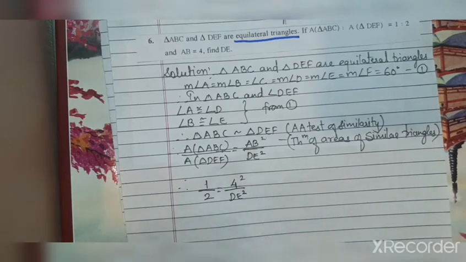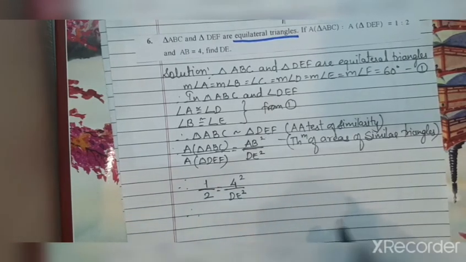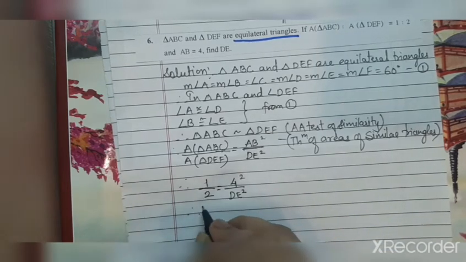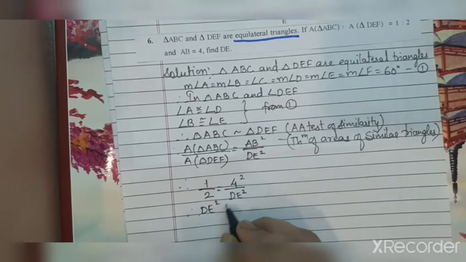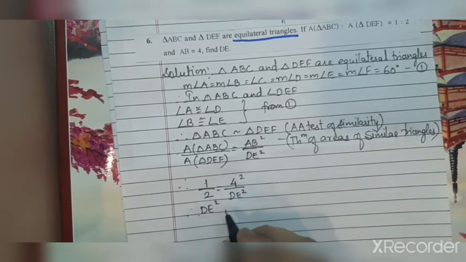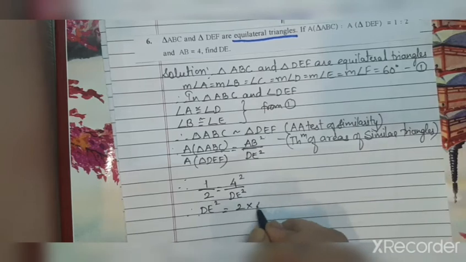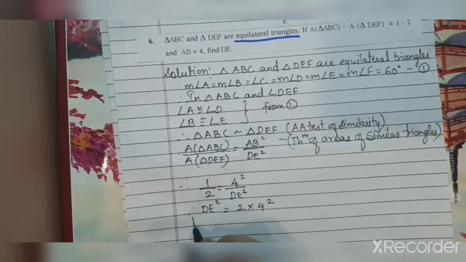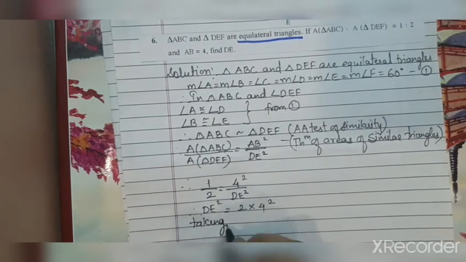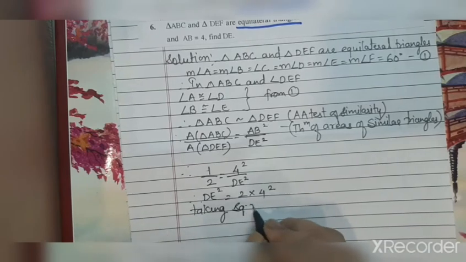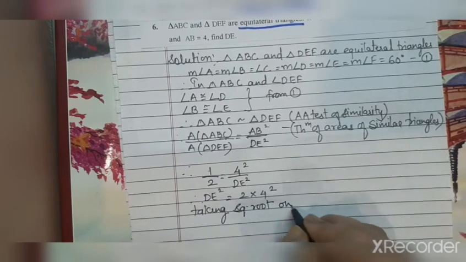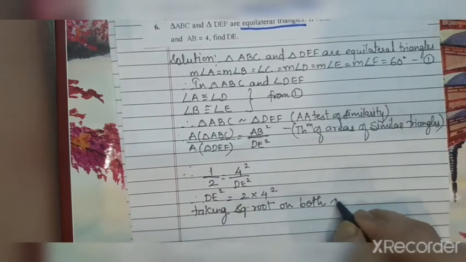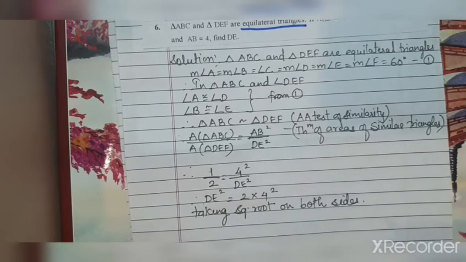Now, you can take square root first on both the sides and then cross multiply, or first cross multiply and then take the square root. It is all up to you. So, I just cross multiply. 1 multiply DE square is DE square only, and 2 into 4 square. Now, taking square root on both sides.